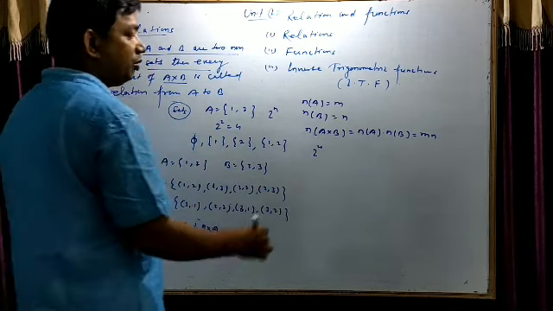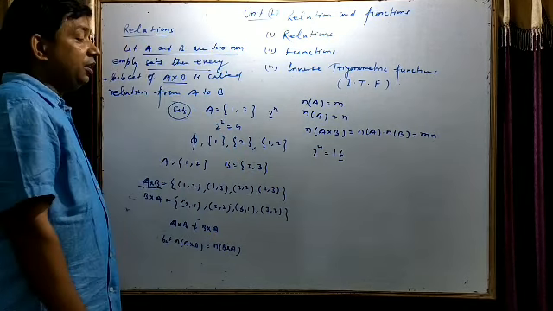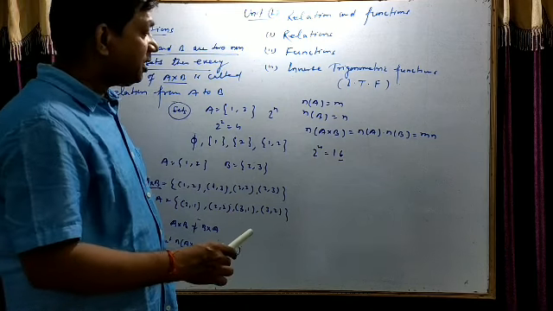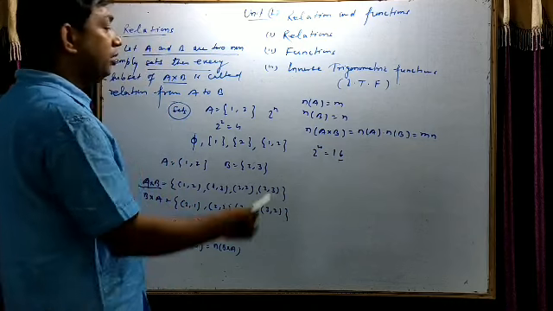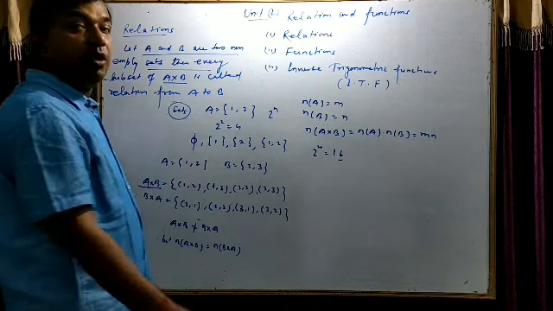So 2 to the power 4 means 16 possible subsets. Then according to the definition, the total number of possible subsets is the number of relations. So we can say 16 relations will be possible.